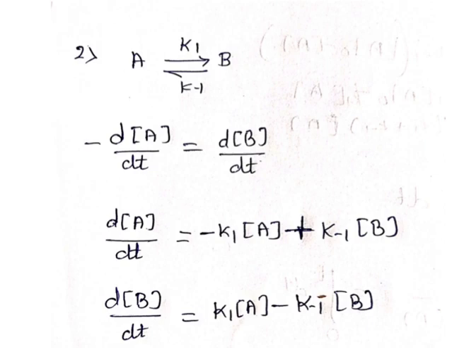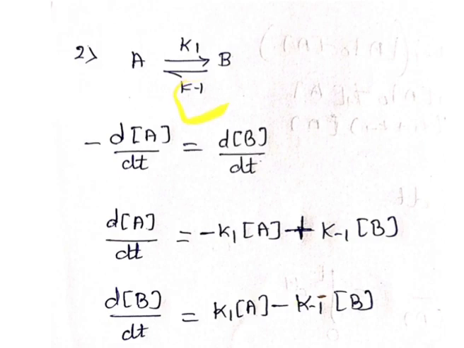Now dB by dt is equal to, so see, we are going to write down the rate for this product B. Initially B is forming and A is going to decrease. So formation rate is positive, so plus K1, and by which species is B going to form? From A. So we write K1 into concentration of A to form B. Then next term, B is going to decrease, that's why minus sign.